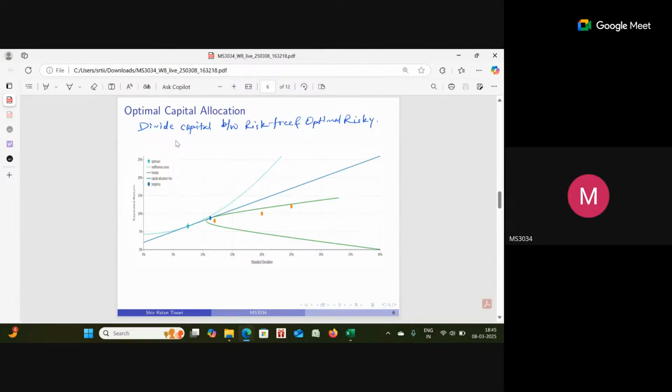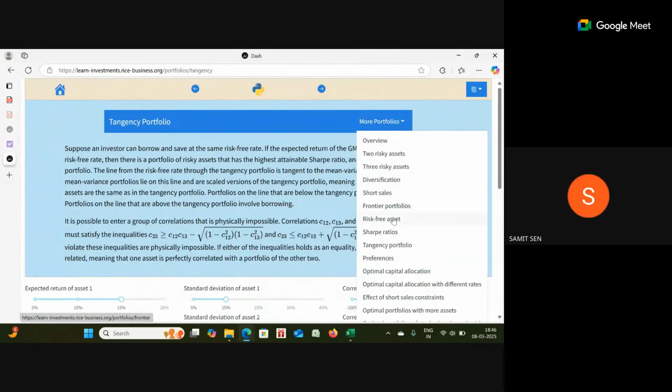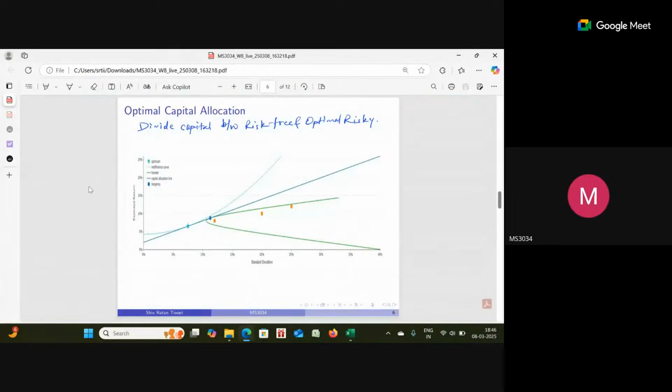I can show you this in our Rice business school case also. Now, this utility curve where the three risky assets have the single curve, but that curve is not touching the three orange points.